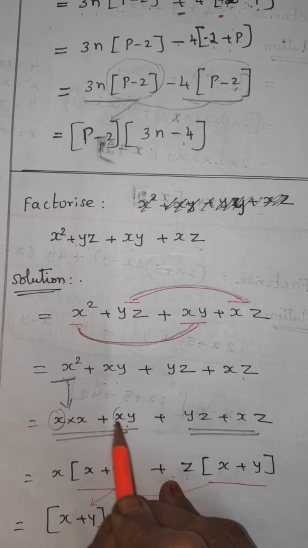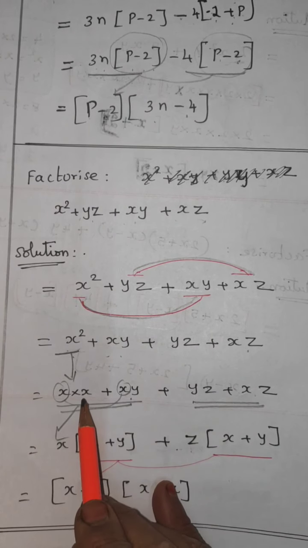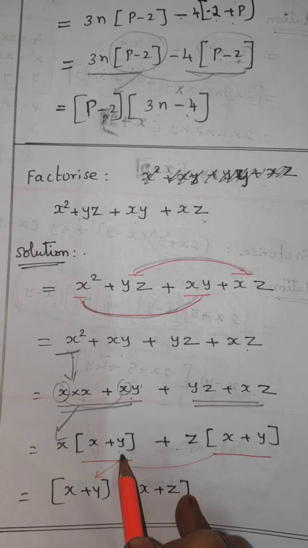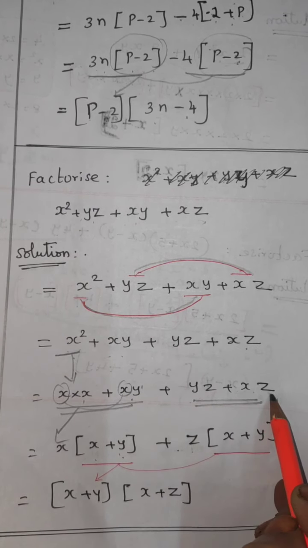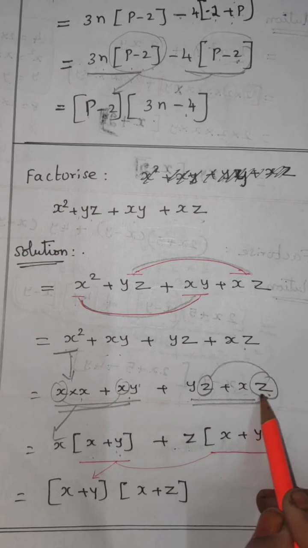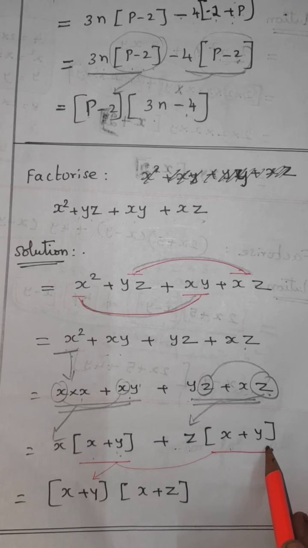Here x, there also x. From these two x, write one x. What is not common there is y, so you write it in one bracket, x plus y. Next, for the next two terms z is common. From these two z, write one z. What is extra there is x plus y. I am writing z, x plus y.